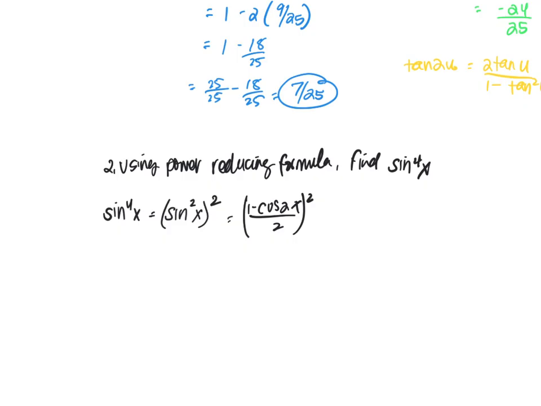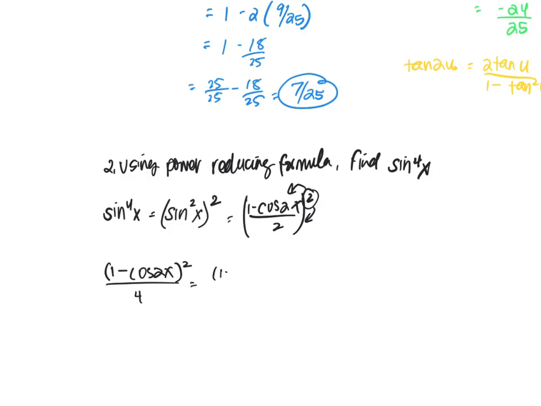Okay, so we already reduced the power. We went from 4 to 2, but I want to get to no exponents. So what we can do here is distribute the 2 to the numerator and denominator. So it's going to be 1 minus cosine 2x squared in the numerator, and then 4 in the denominator.